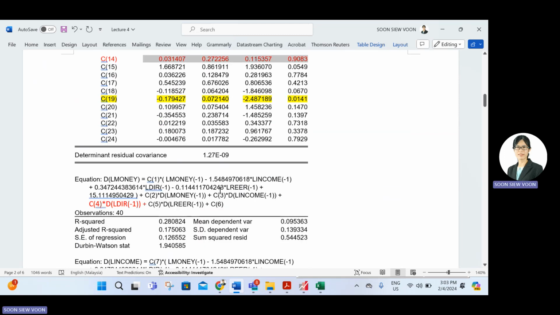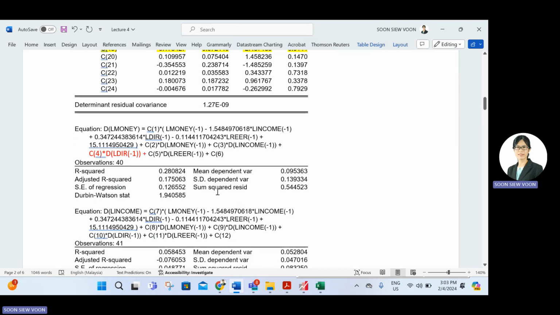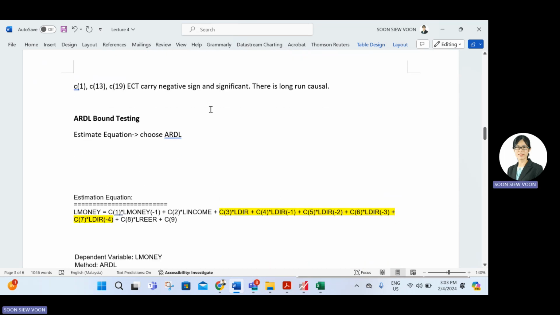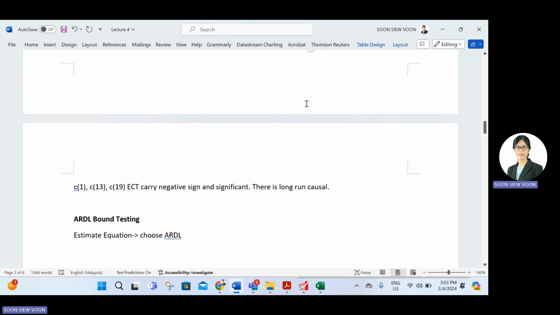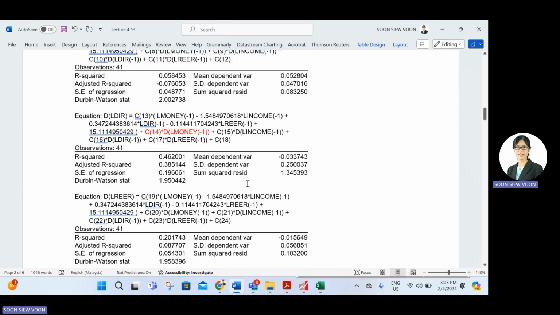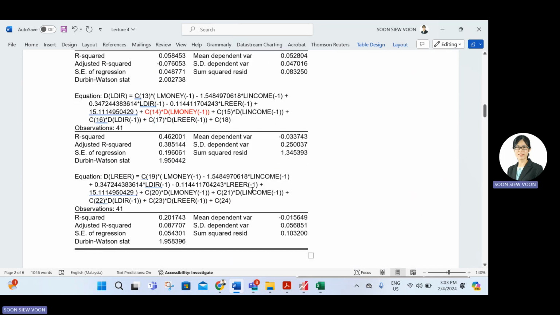Then the question will ask you, how about the long run causal, right? If you want to look for the long run causality, we can look at the ECT.